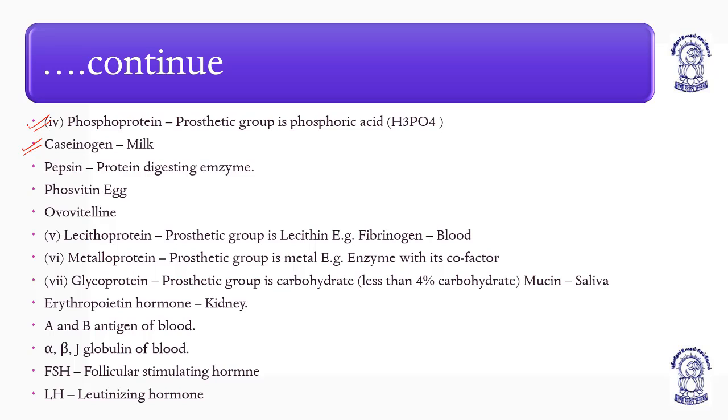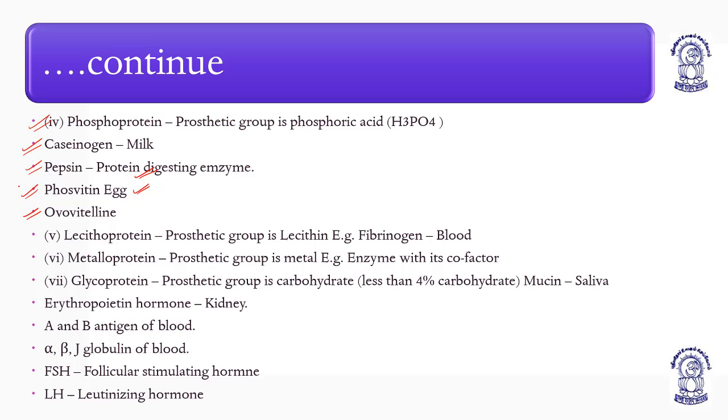Then pepsin, which is a protein digesting enzyme. Phosphovitin and ovovitellin in the case of egg. So casein is a milk protein, and pepsin is a protein digesting enzyme. So this is about the phosphoprotein.